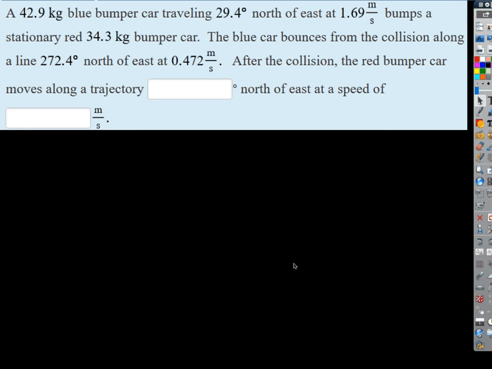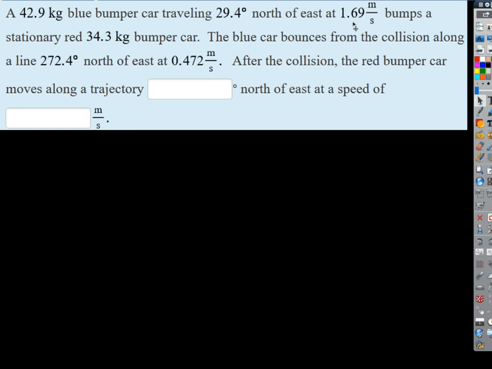Do you guys see right now that we could easily calculate the initial kinetic energy of the blue car and the system, therefore, because the red car has no kinetic energy, right? Everybody see that? We know its mass and we know its speed. Direction's unimportant, right? Because energy is a scalar quantity, and this gives you some idea about how useful energy is. It's a lot easier to deal with, isn't it?